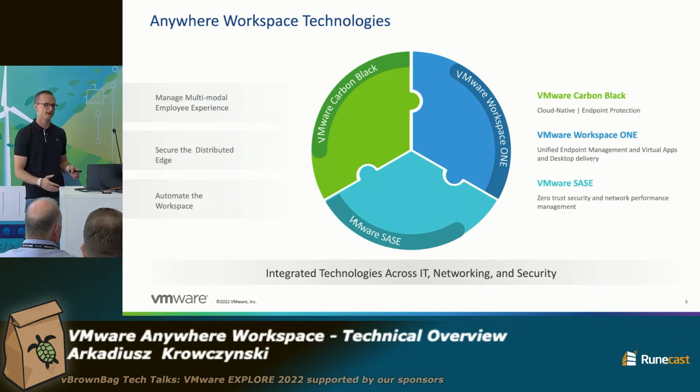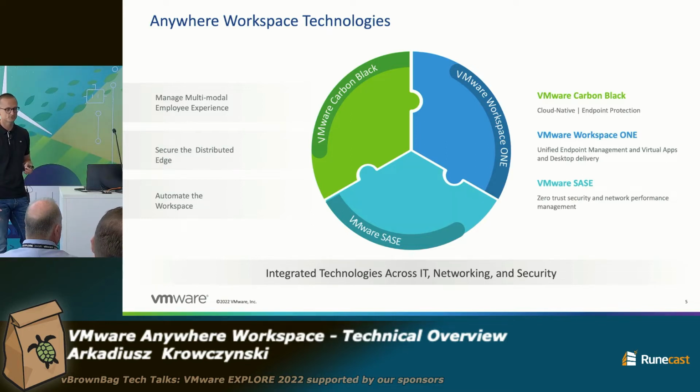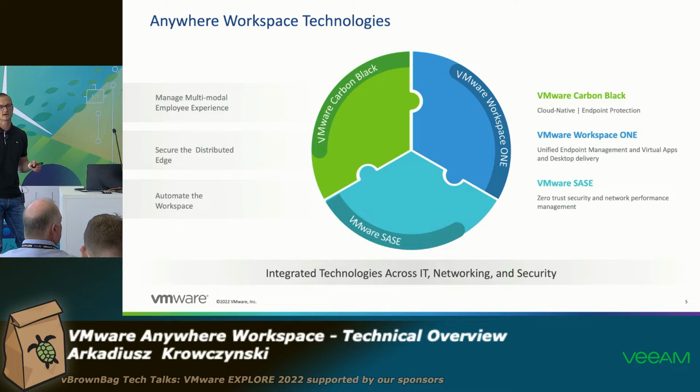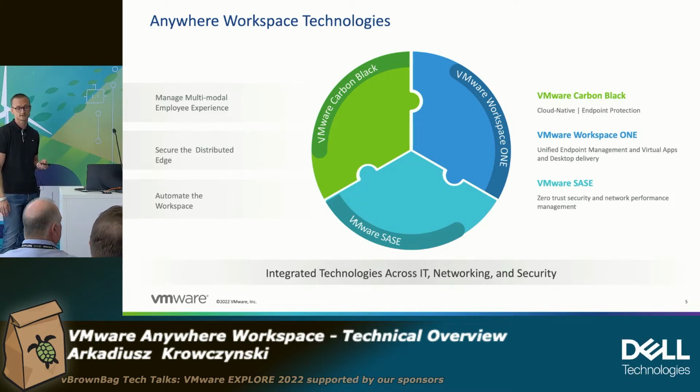I call it from A to W, Anywhere Workspace, to give our users, partners, and everyone a complete solution. So to manage your devices, access your apps, secure your devices, and also give you secure access when it comes to accessing cloud applications, but also, I would say, on-premise applications.